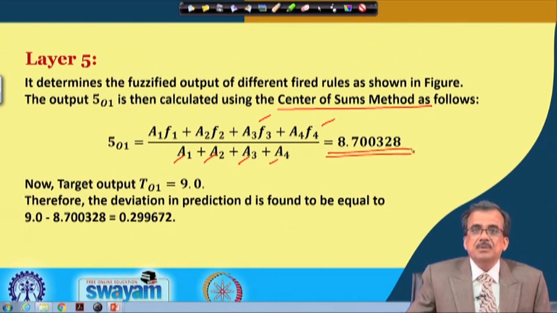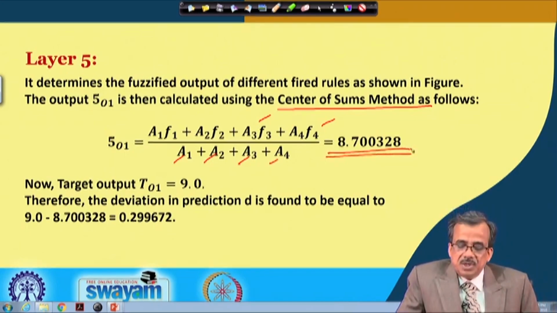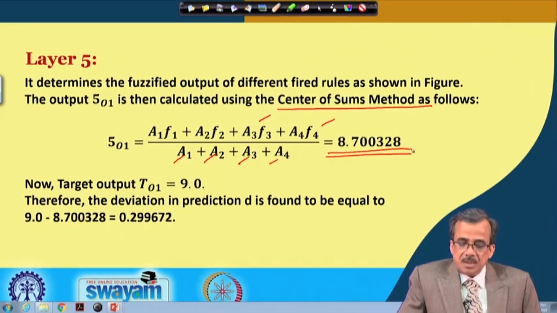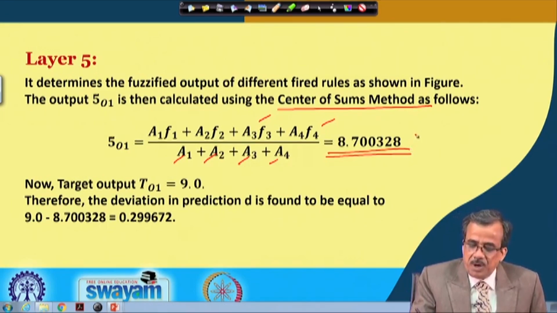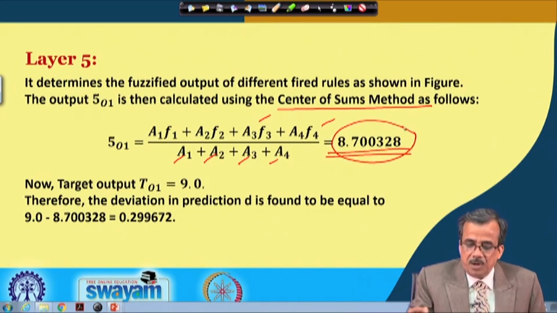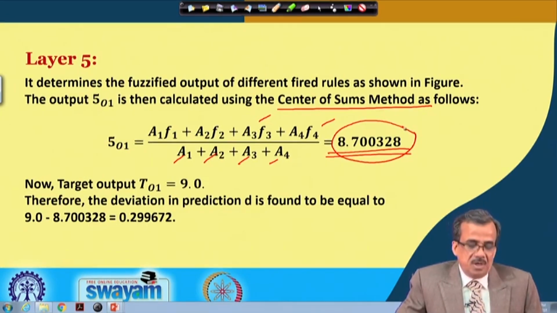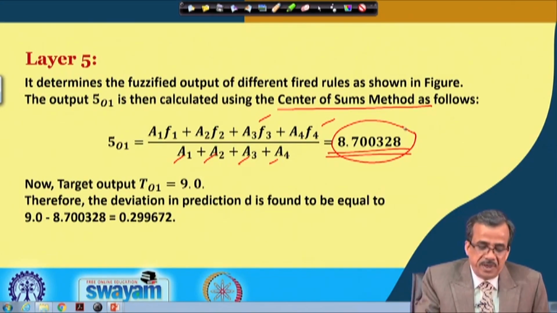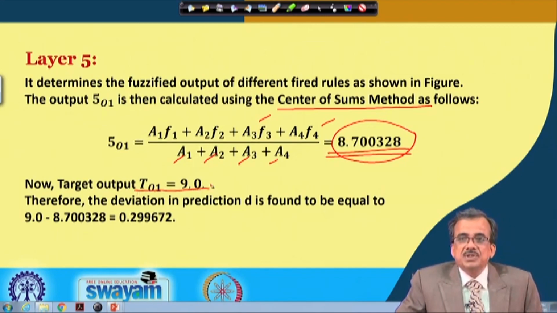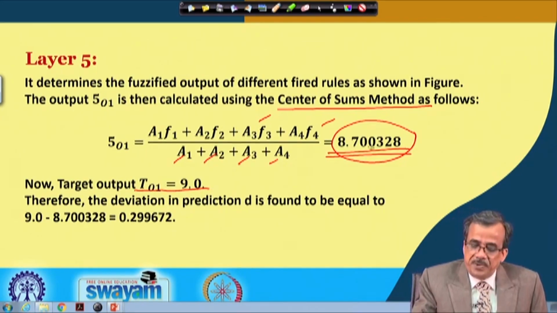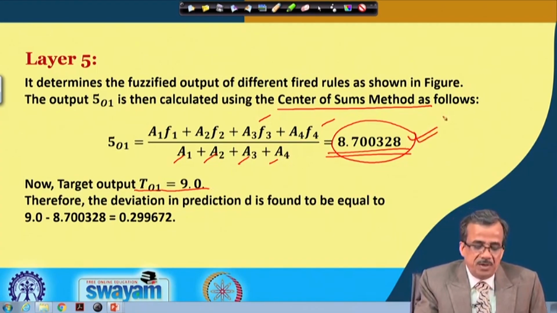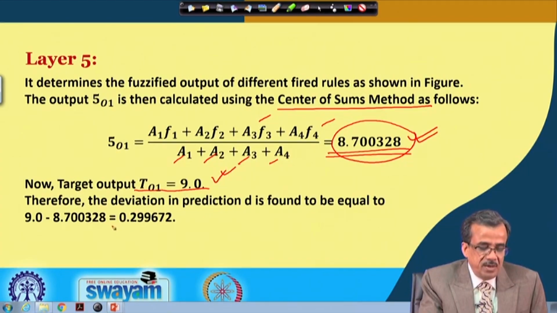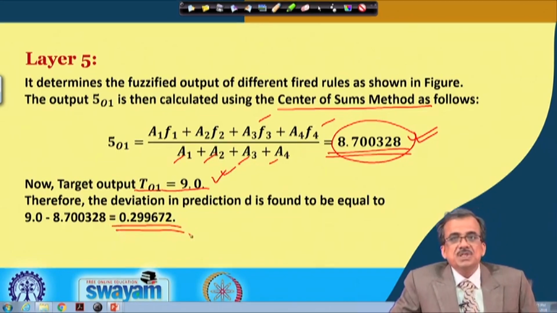So, you will be getting this as the crisp output. Now, this crisp output can be used just to find out the deviation by comparing with the target value, that is 9.0.